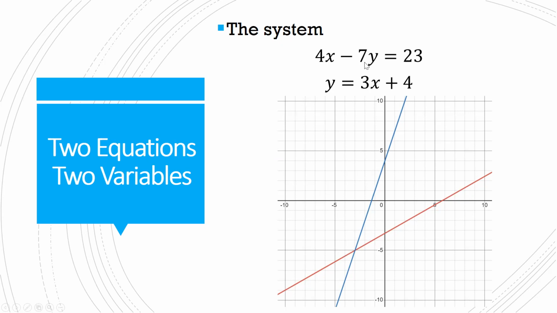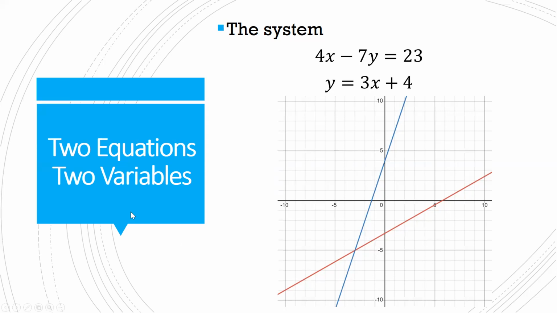So 4x minus 7y equals 23, that's actually graphed in the red line here. All the solutions to that equation are points on the red line. Y equals 3x plus 4, well, I should say all of the solutions to y equals 3x plus 4 are graphed on the blue line.